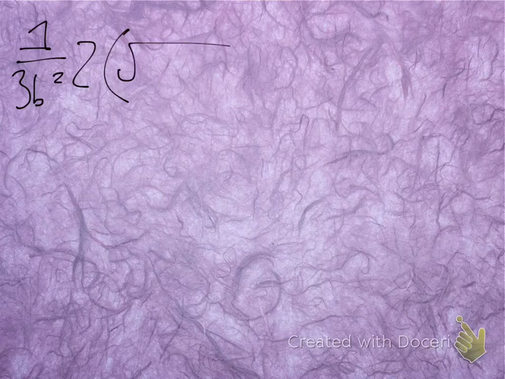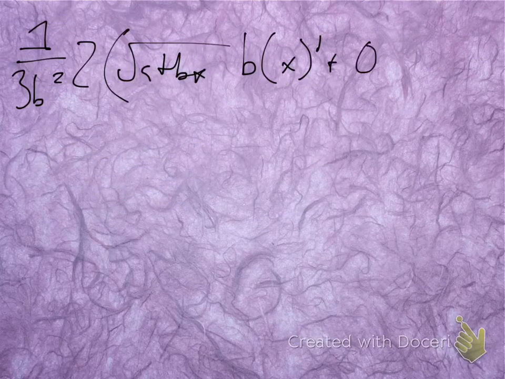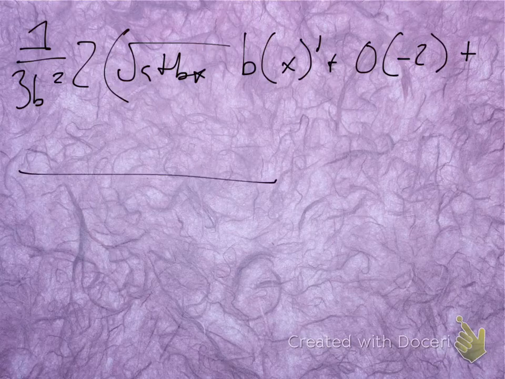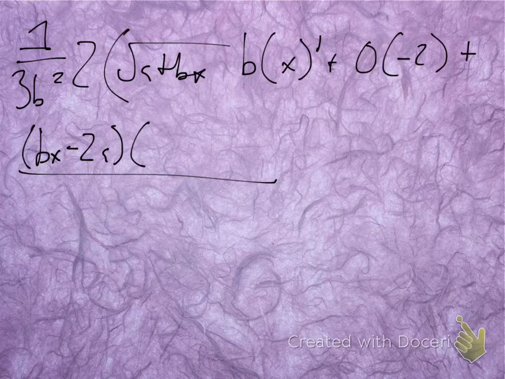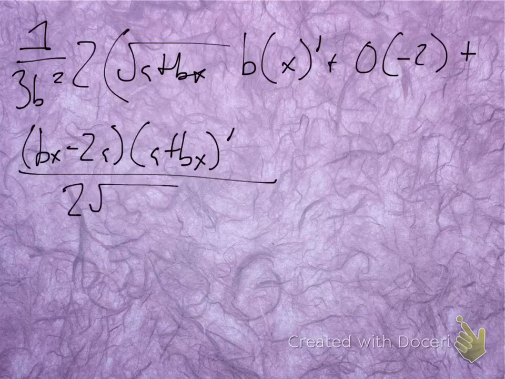It should be 1 over 3b squared, 2 times rad a plus bx, b times x prime plus 0 times negative 2, plus, and then our rational will be bx minus 2a times a plus bx prime over 2 times rad a plus bx. Whew.